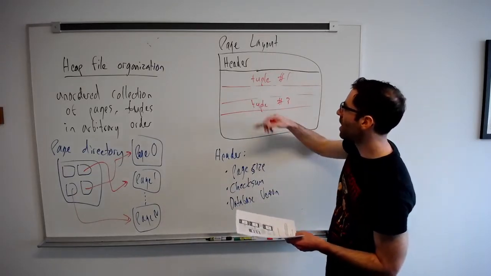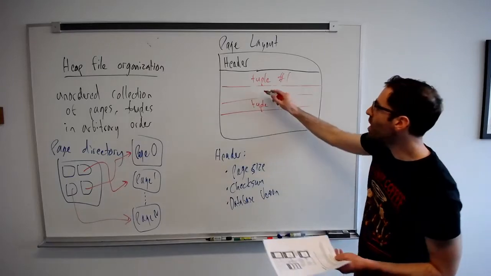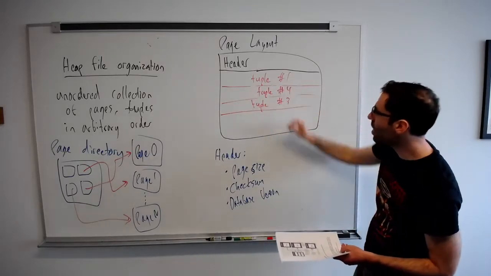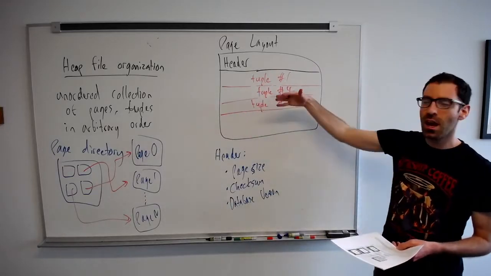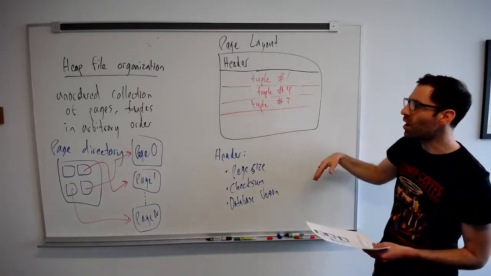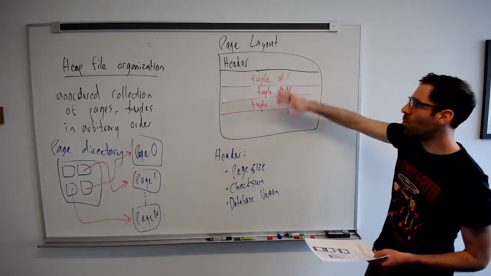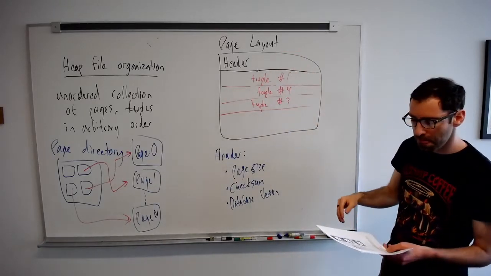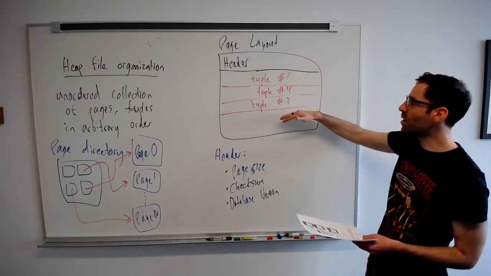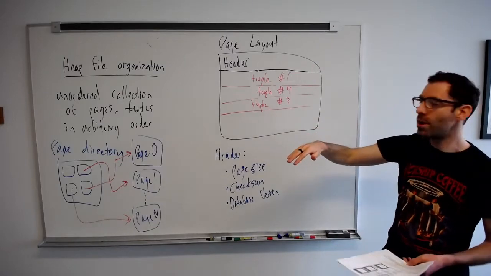We could reuse that if we insert another tuple number 4, but we don't have any structure that tells us where to find a specific tuple we're looking for. We wouldn't be able to rely on them being in the particular order that they were inserted.